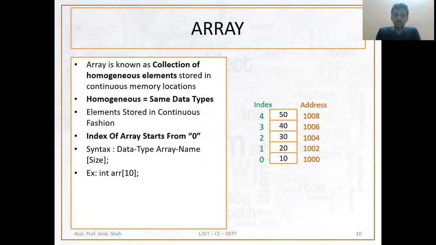If you mark, each address has a difference of 2 bytes. Why is it 2 bytes? Because it is an integer array. Here I took size 10 but show only 5 because this is just an example. If you take size 10, then the array has indexes from 0 to 9.